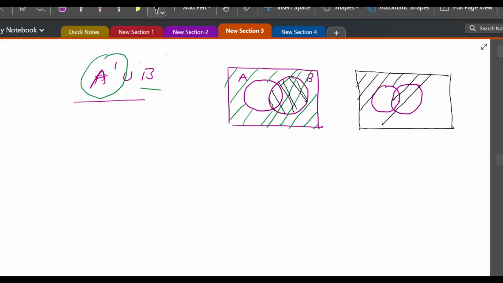The intersection part will also be shaded in case of union. So one by one, concentrate on one thing and then proceed, and you will get it correct.